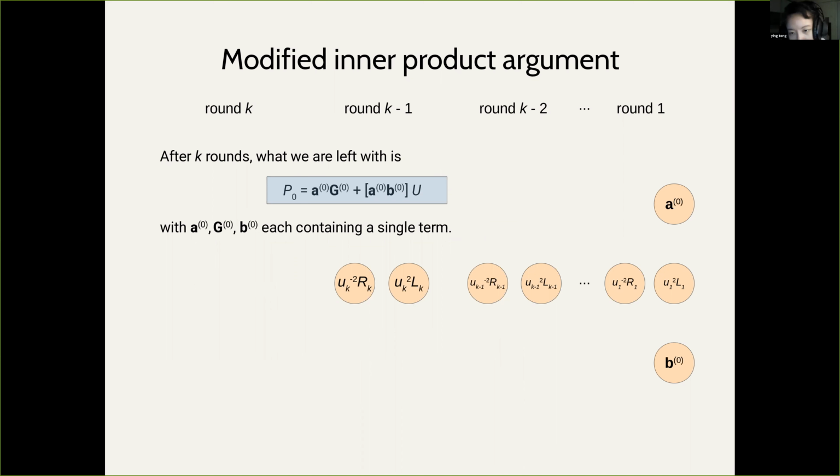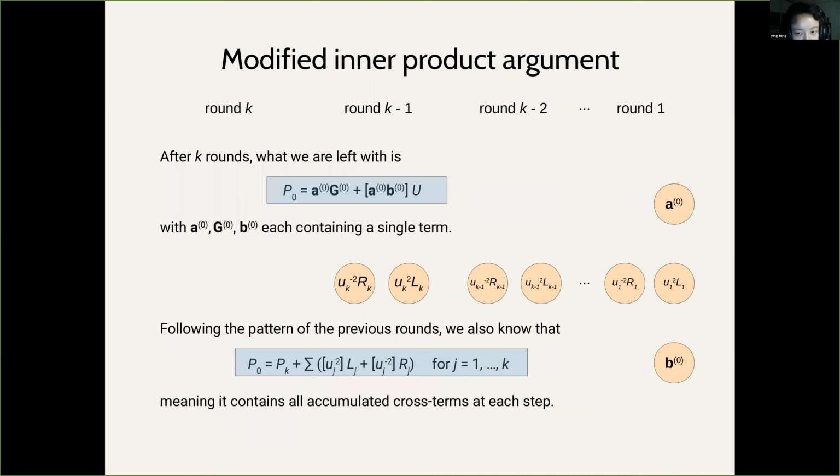And so now what the prover has to do is, like I said, we're left with these single element vectors. And we also notice on the next slide that P0, like we observed from the previous one, contains all the cross terms from all K rounds.